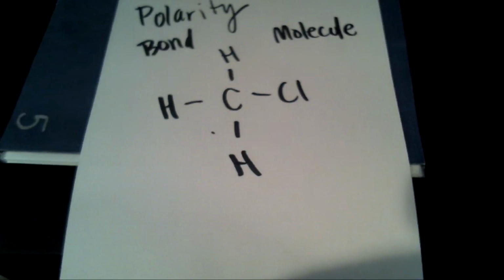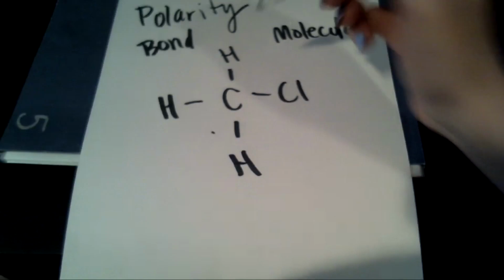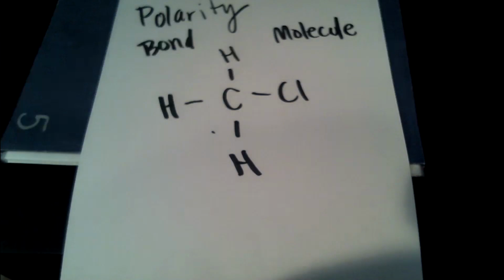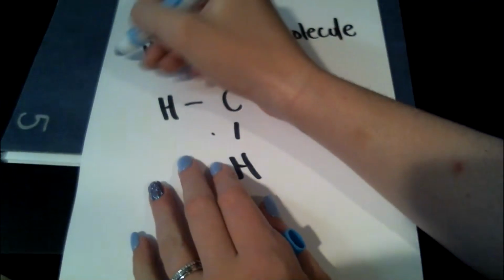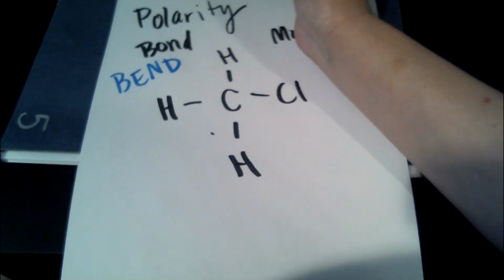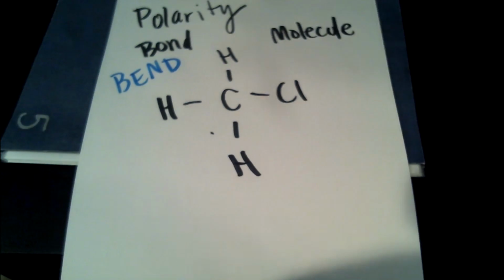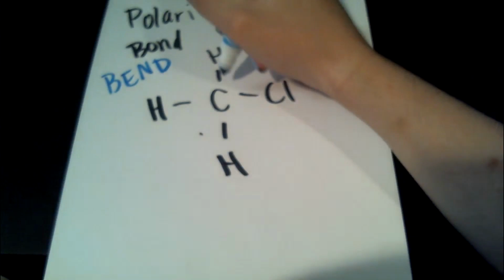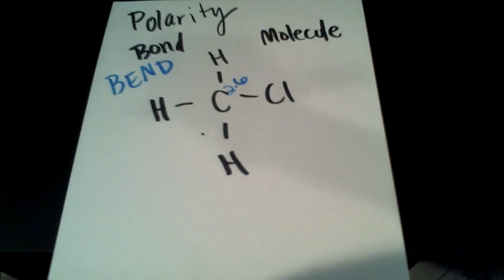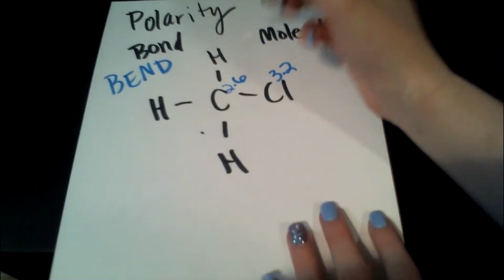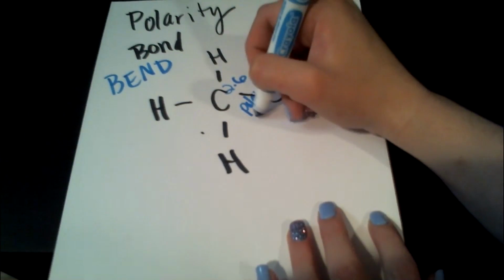For chloromethane, this bond is a polar bond. How do I know that? Because if I look at table S for bond polarity, you're going to use the acronym BEND. Bond electronegativity difference. Literally subtract the electronegativities. Look them up on table S. Carbon is 2.6. Chlorine is 3.2. Subtract them. It's greater than 1. That's considered a polar bond.